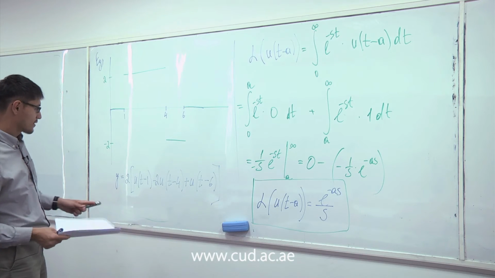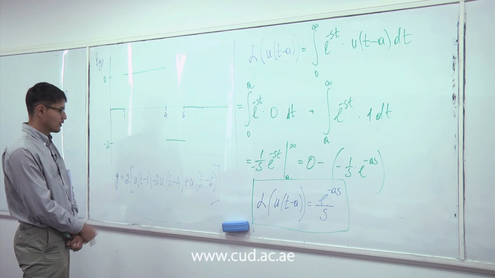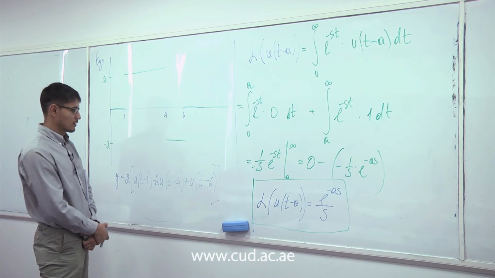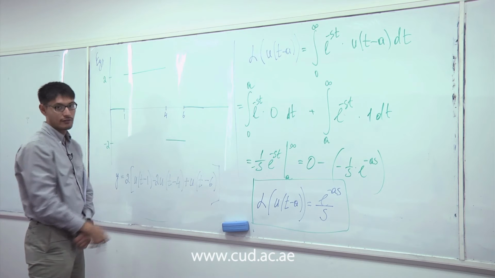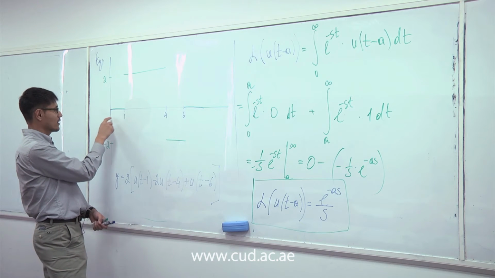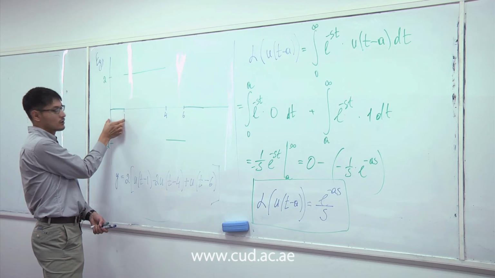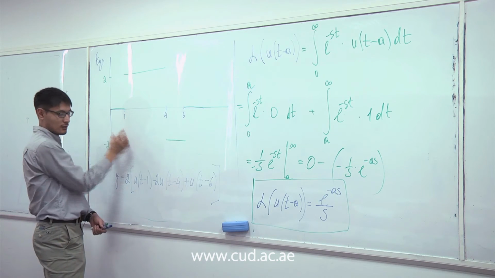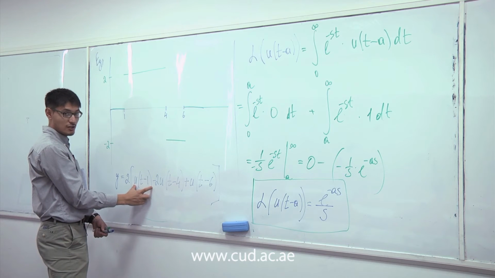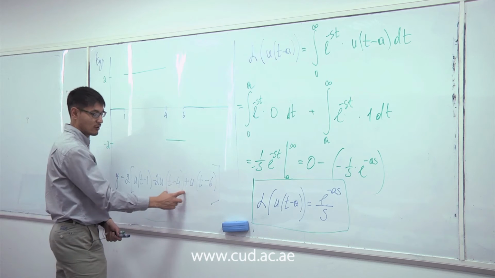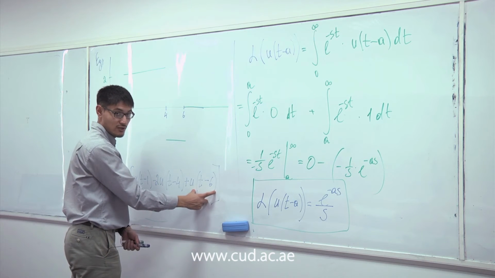Now let's think about why this equation would give you this graph. Let's look at the interval from 0 to 1. On the interval from 0 to 1, this function is 0, this function is 0, and this function is also 0.